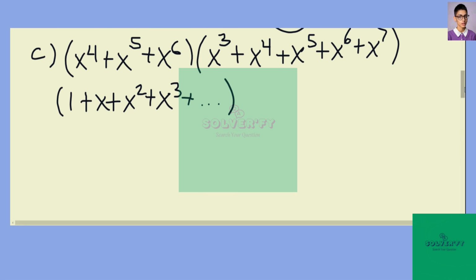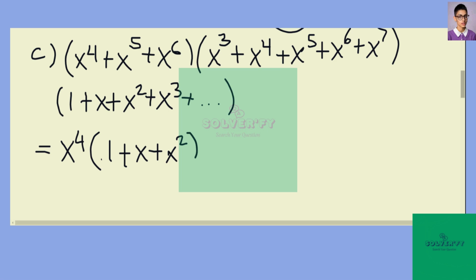And to simplify this problem, first rewrite this as x to the 4th times 1 plus x squared.